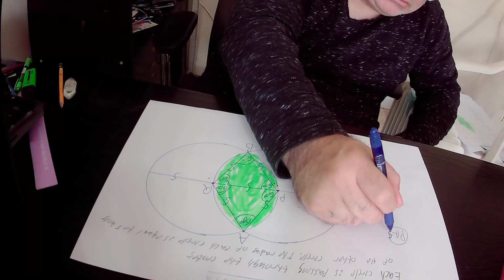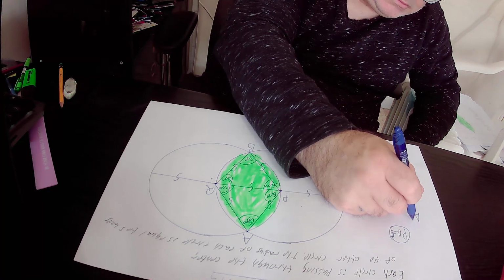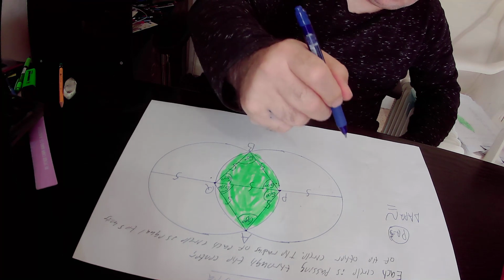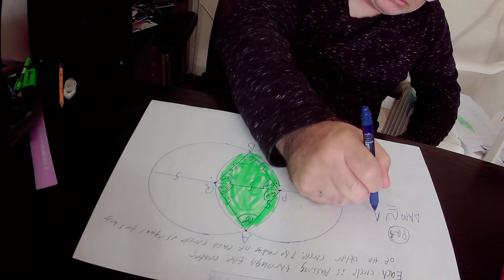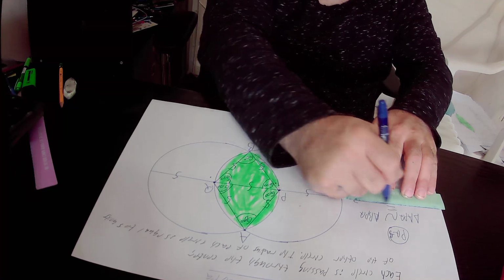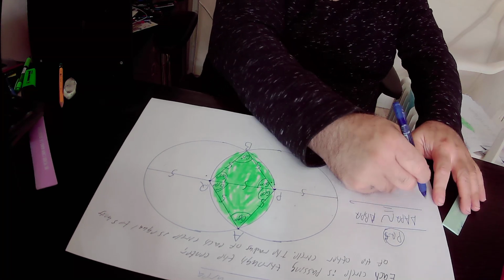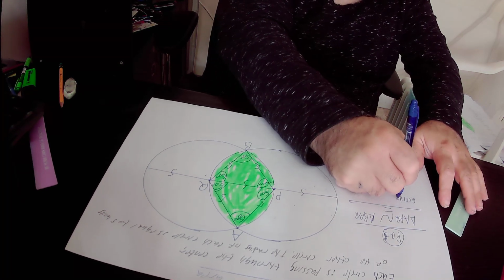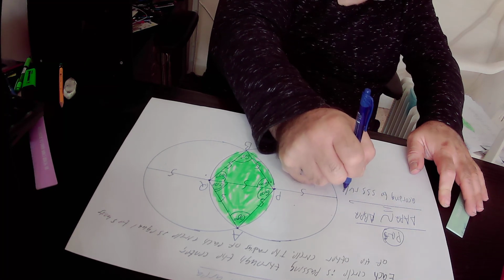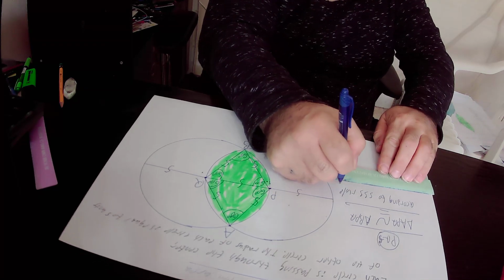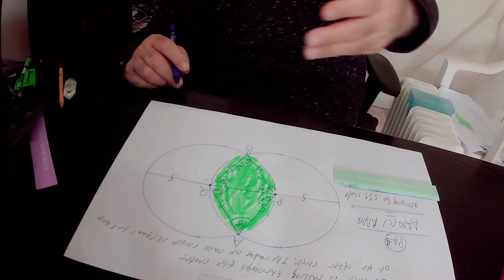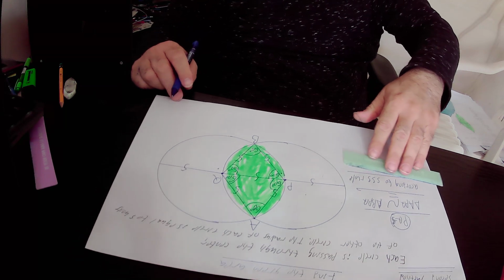I'll write it down. Triangle APQ congruent to triangle BPQ according to side rule. All the sides of triangle APQ are equal to all the sides of triangle PBQ, and they are equal to 5 units, as you can see from the drawing.